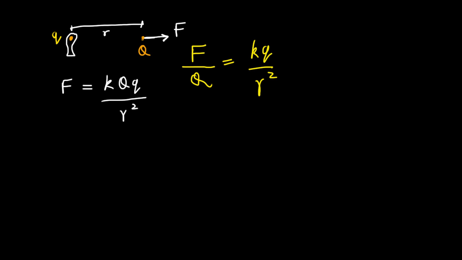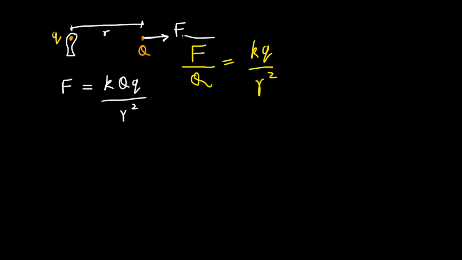And now you can see that this term is just a function of the charge itself as well as the distance at which you are from the charge. So it is independent of whether you bring minus Q or plus Q or any other charge. This quantity is a fundamental property only of small q.